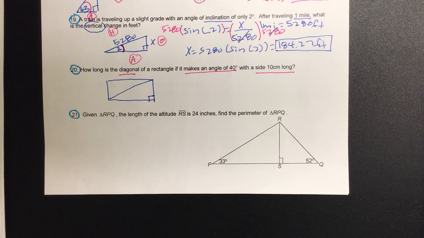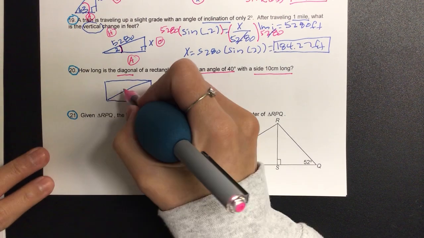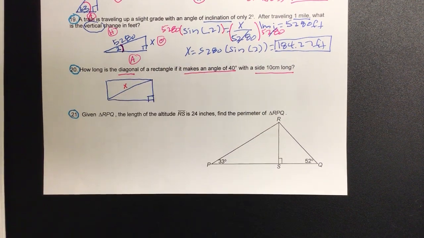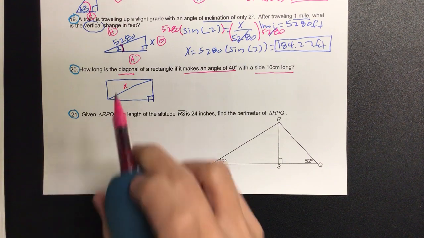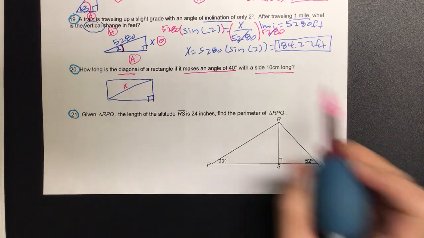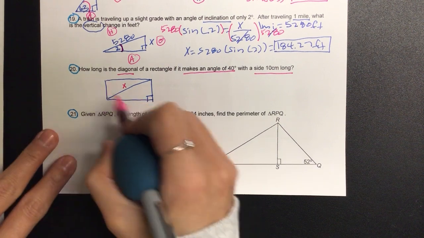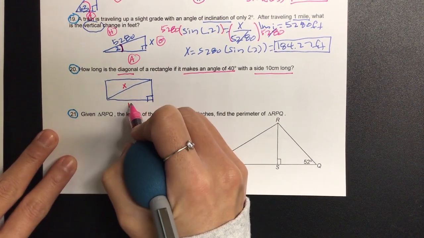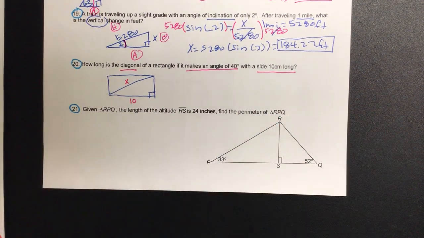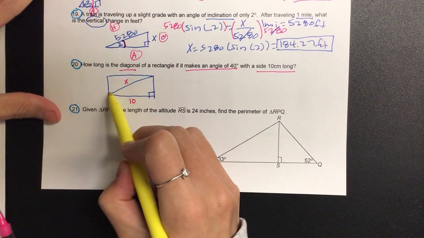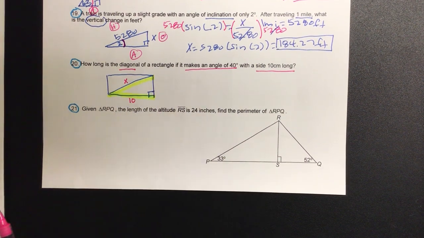So we know it says how long is a diagonal, so that's what I'm looking for, x. And that diagonal makes 40 degrees with 10 centimeters. So it doesn't matter where you put the 10, but let's say I put the 10 here. The angle 40 goes right at this angle.